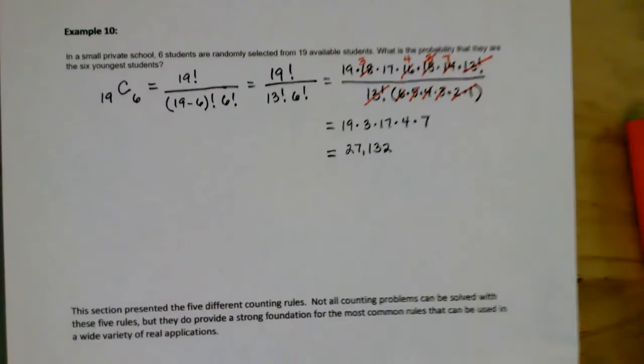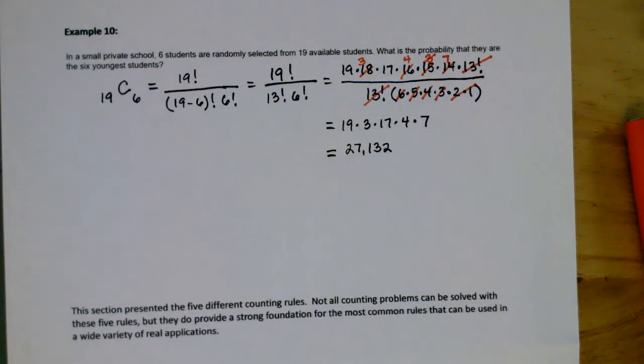That represents the number of ways of selecting 6 students. But it says it was the probability that they are the 6 youngest students.